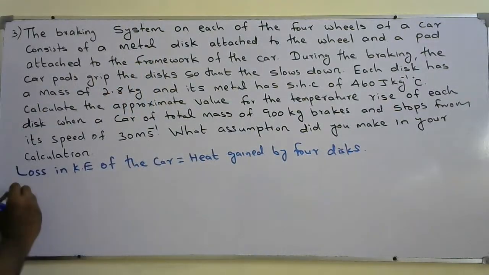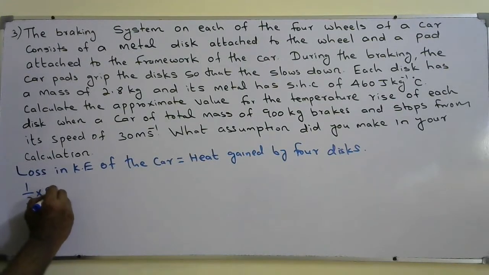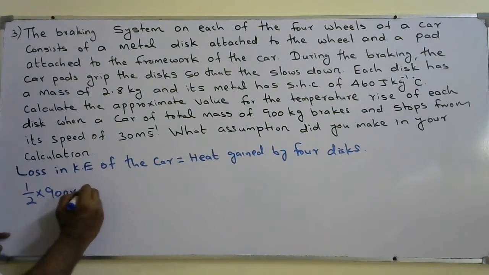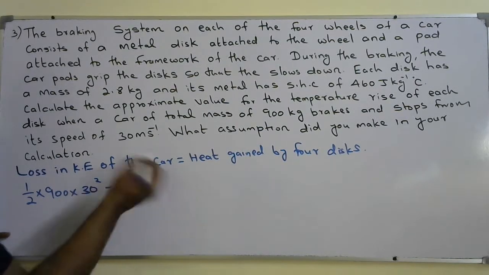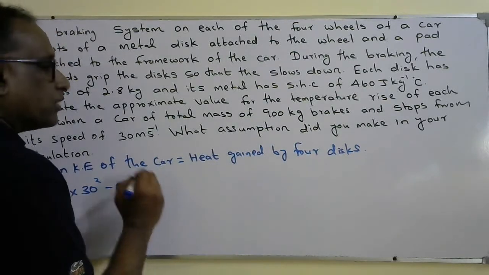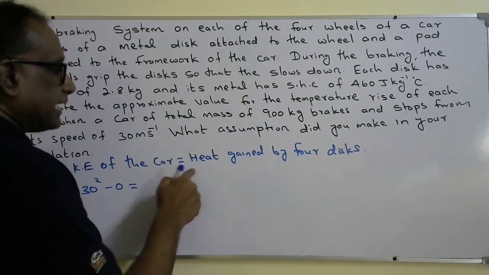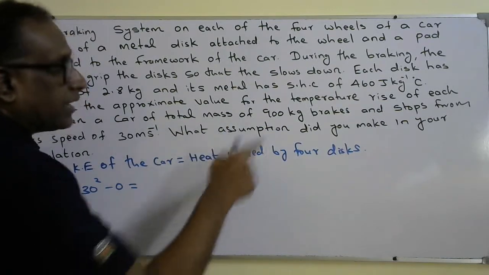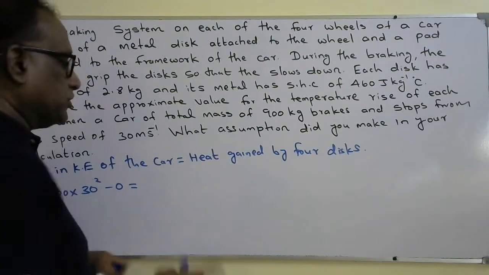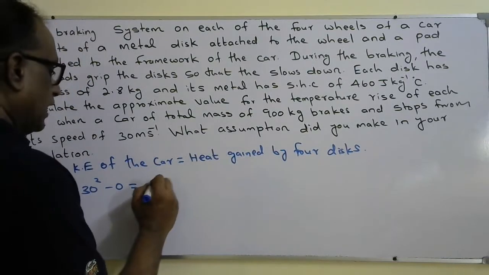So loss in kinetic energy is half times the mass of the car, 900 kilograms, times 30 squared minus 0, since finally it comes to rest. There are 4 wheels. If I do it for one wheel, the heat absorbed by one disc is mc delta T, with the mass of the disc given.